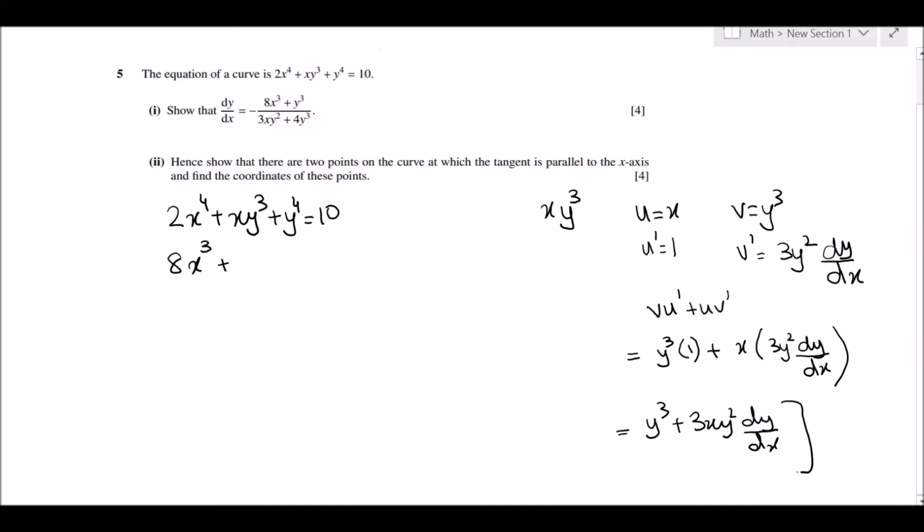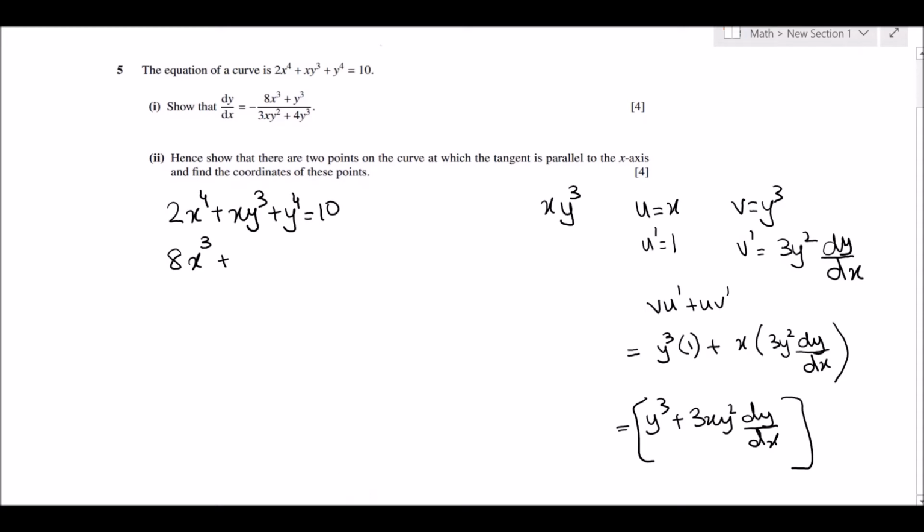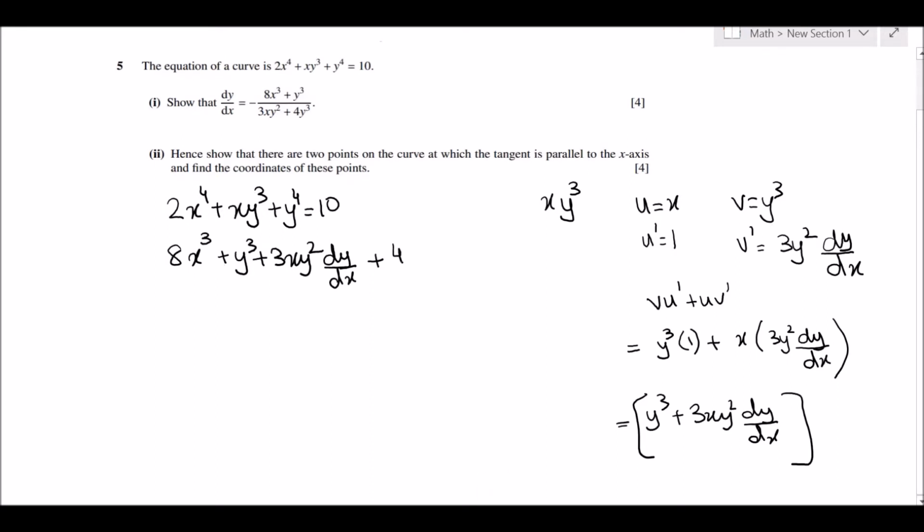Now this is what we get when we find out the derivative of x y to the power 3. So I'm going to write it here. And the derivative of y to the power 4 is 4y to the power 3 dy over dx. Derivative of 10 is going to be 0. Now this is our derivative.